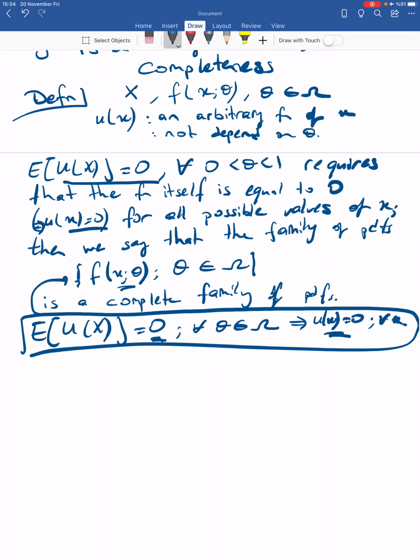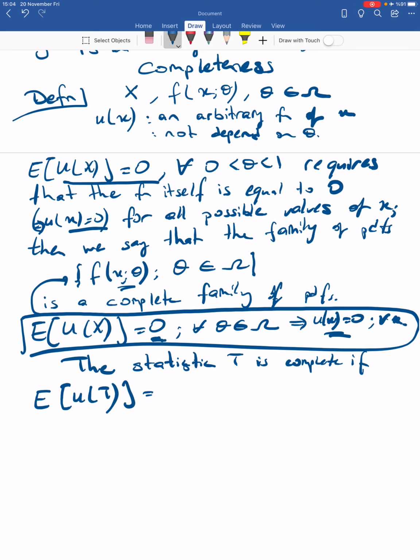A statistic can be a complete statistic. When we consider a statistic, capital T, let's say, it is complete if, when we consider any function of t and its expectation equals 0, again for all possible values of theta in the parameter space, this requires that the u(t) function itself is 0 for all possible values of t.